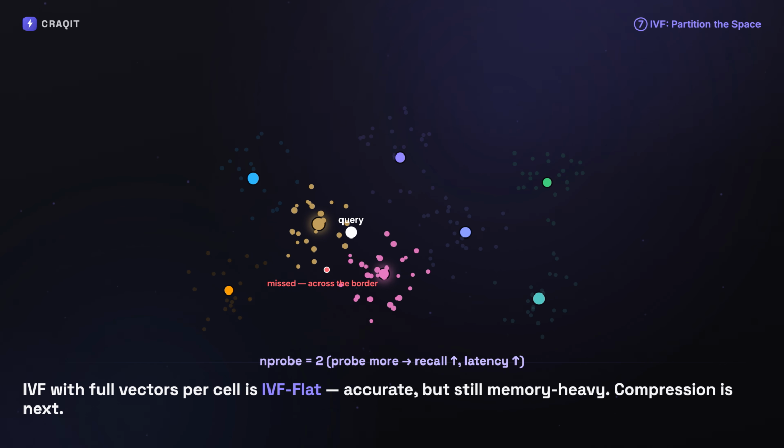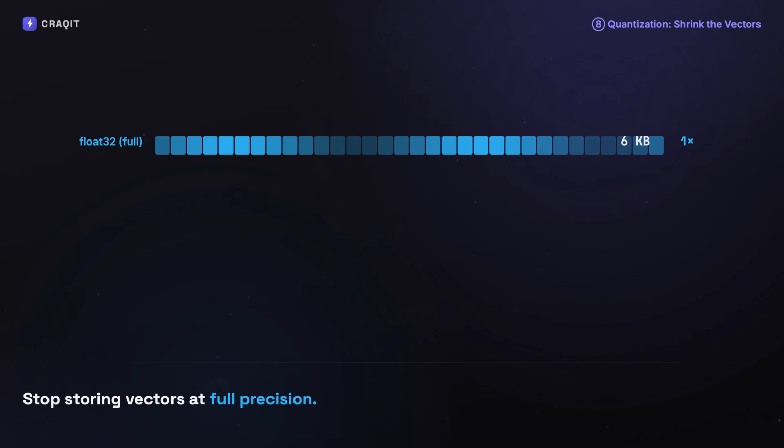The framing: HNSW navigates a graph, IVF narrows to a neighborhood, and those flat lists inside each cell are exactly where compression pays off. Here's the lever that tames the memory wall and the vocabulary that impresses: quantization.